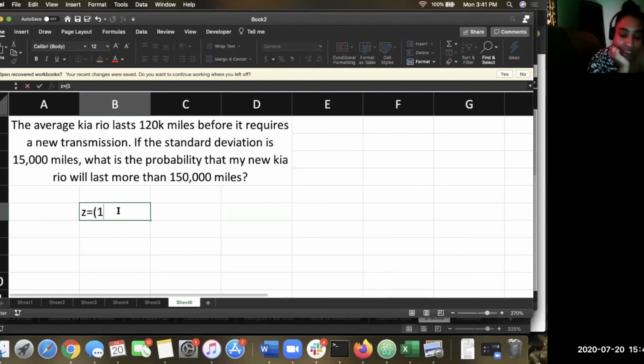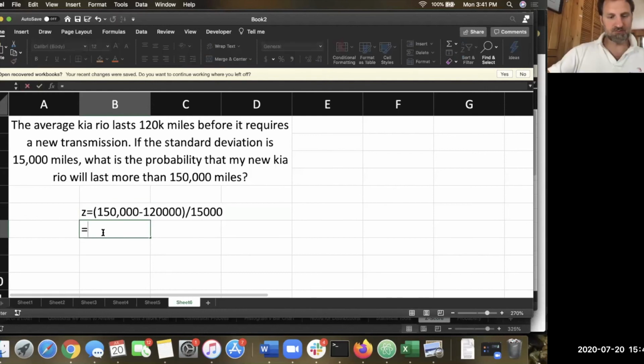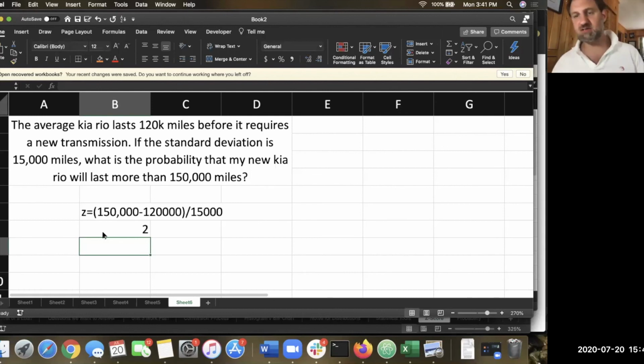Yes, sorry about that. Minus the 120K, divided by the 15,000. So if my calculations are correct, that should be equal to 2. Is this going to be 30,000 divided by 15,000, and that's 2. So Z equals 2.